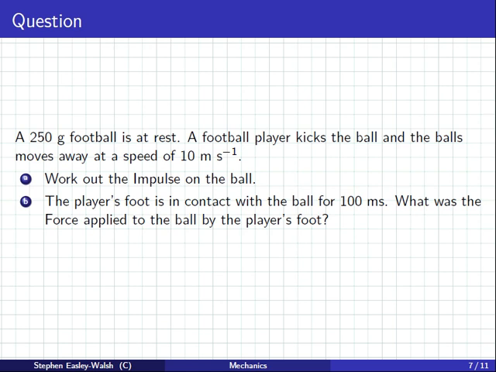Yeah, 0.1. Okay, give me the F now. Again, you could probably do this in your head. 2.5 divided by 0.1 is 25 newtons. Yeah, it's okay? 25 newtons is the answer. Regina, is this okay? Are you sure? You're telling me the truth? Okay, good.